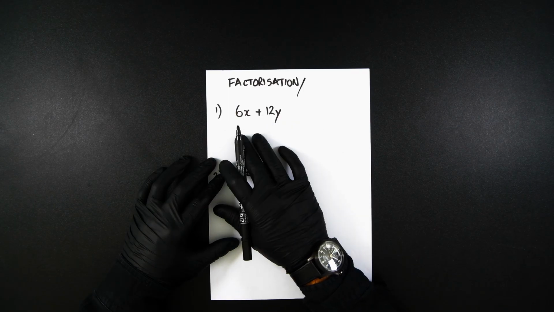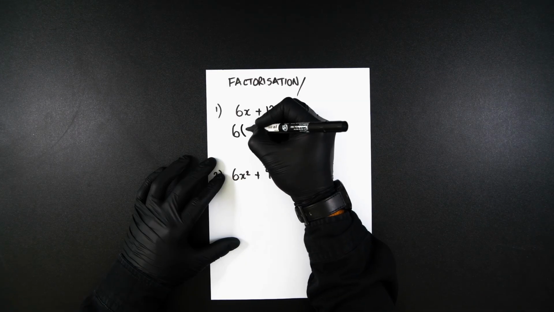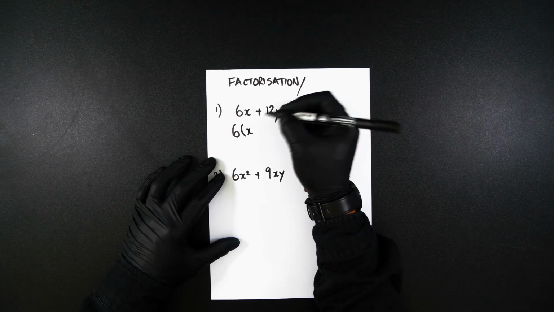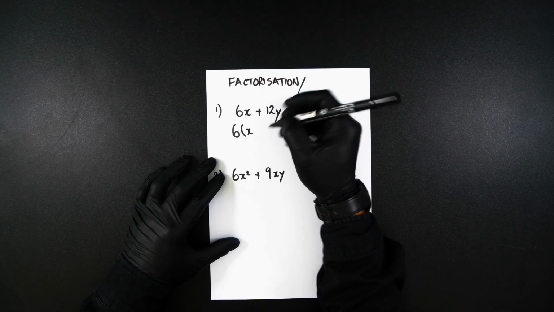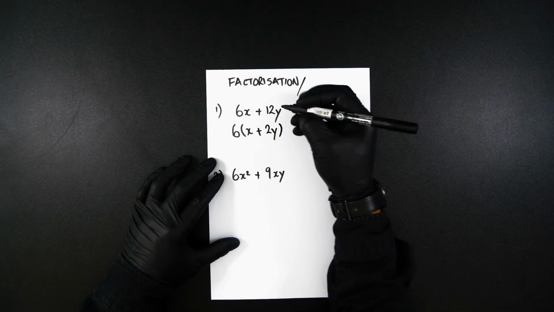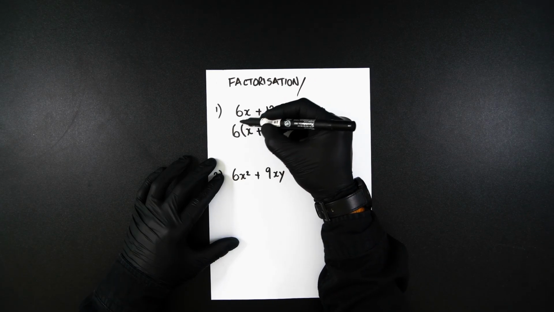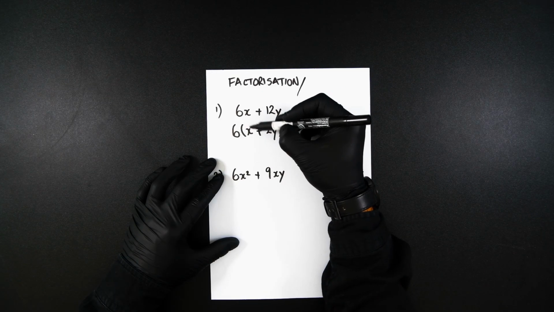The common factor in here is 6, so therefore we can pull the 6 out and we have x on the inside of the bracket, and then what we need to multiply 6 by is 2 to make 12, so it would be plus 2y. You can check that you've done it correctly by expanding this, and you know that you go back to the top.